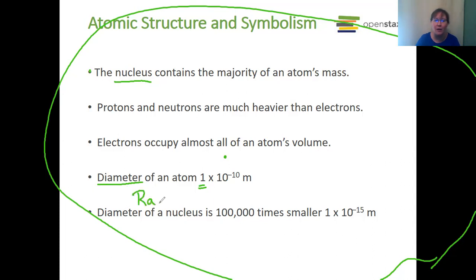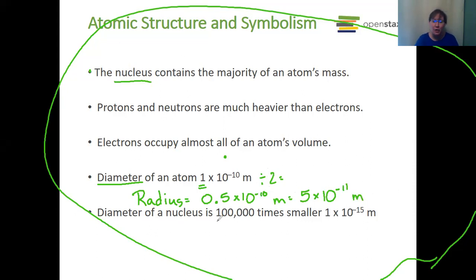Now, a lot of times diameter isn't what we're looking for. So let's think about the radius. A radius, remember, is half of the diameter. So if we have 1 × 10⁻¹⁰ meters for the diameter, then the radius is going to be 0.5 × 10⁻¹⁰ meters, or better, 5 × 10⁻¹¹ meters.